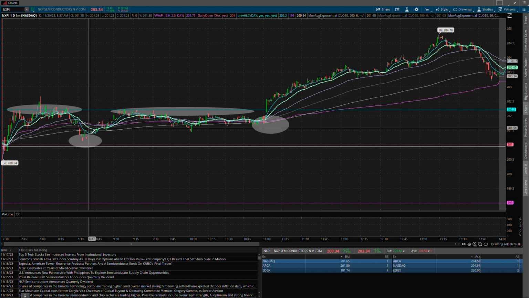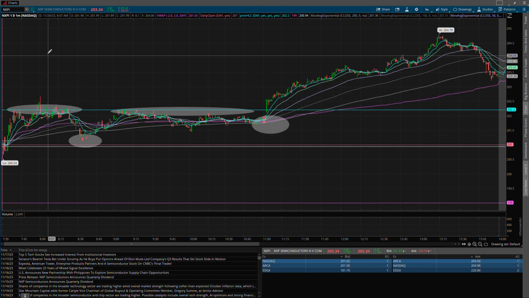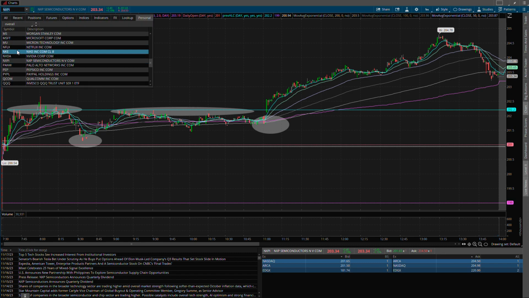Holding through a continuation setup is difficult to do when I'm holding onto a major trend reversal swing trade, because there would be an urge to scalp.